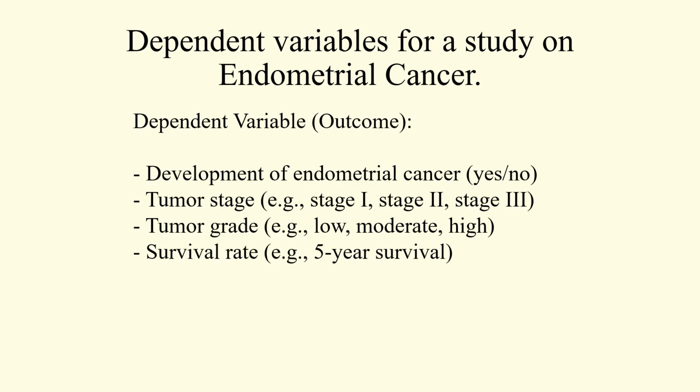Whereas the dependent variables may include development of endometrial cancer, the stage of the tumor at which the cancer is detected, the grade of the tumor, and the survival rate.